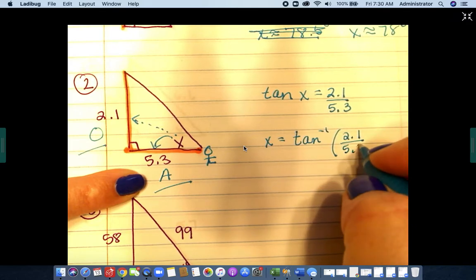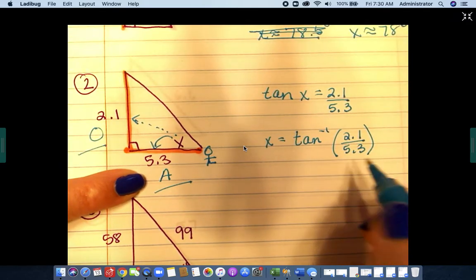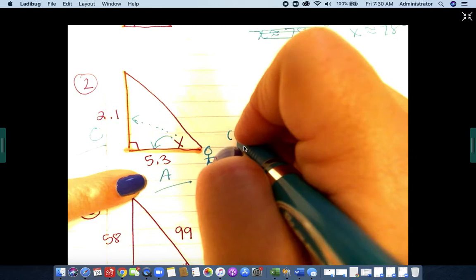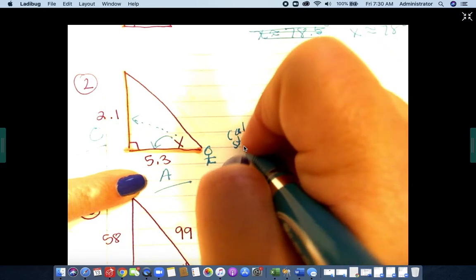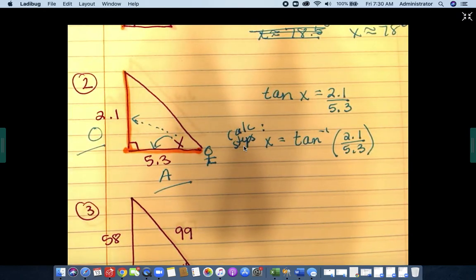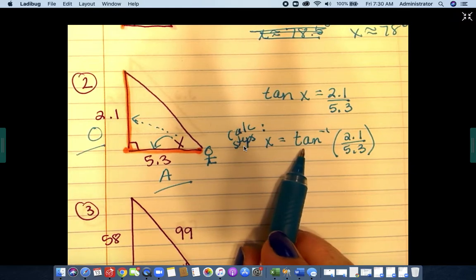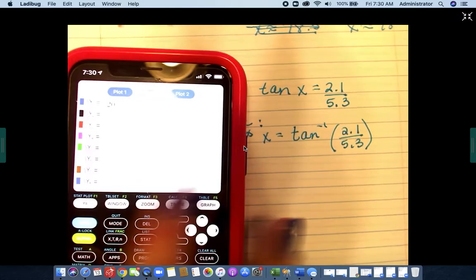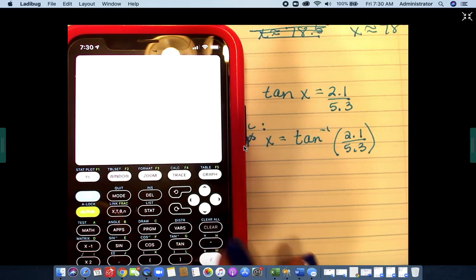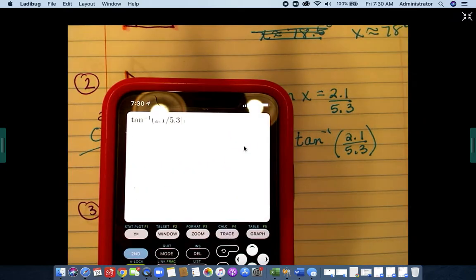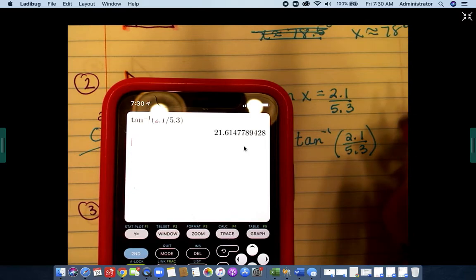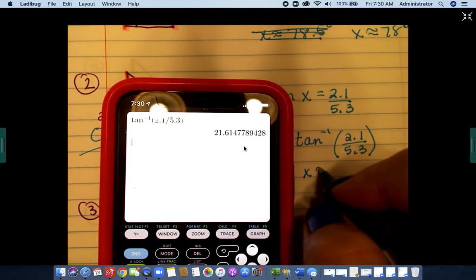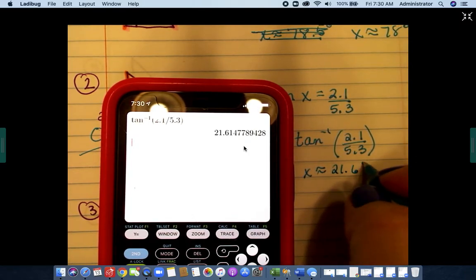So I'm just writing down exactly what my calculator steps are. So calc steps. This means I'm going to hit second tangent and then type this in. So second tangent of 2.1 divided by 5.3 gives me 21.6. So x is approximately 21.6 degrees.